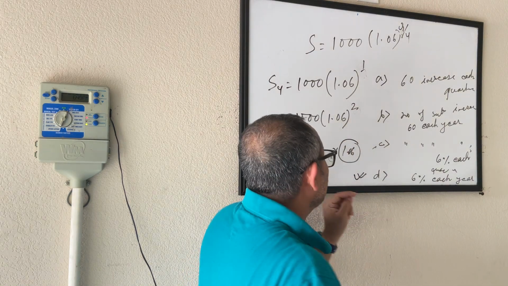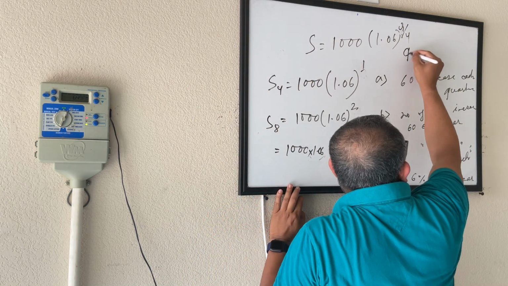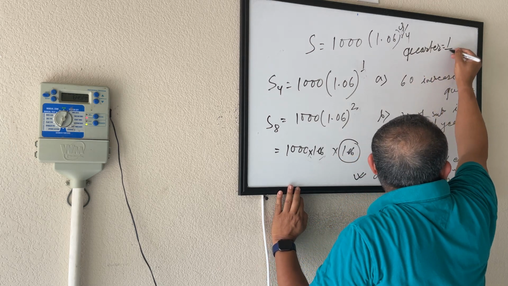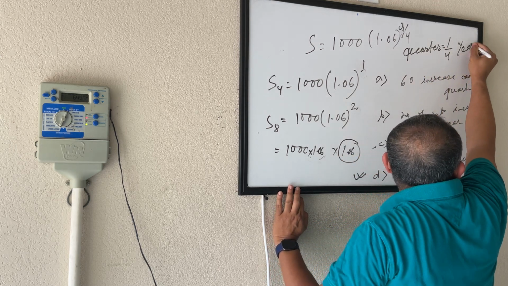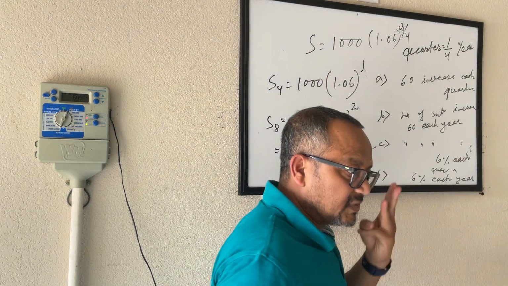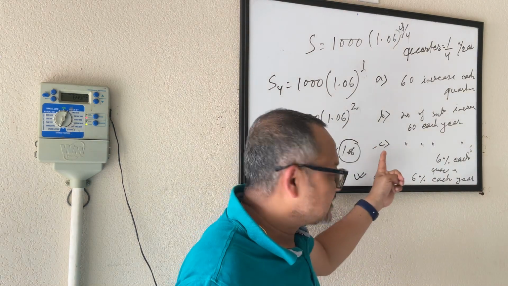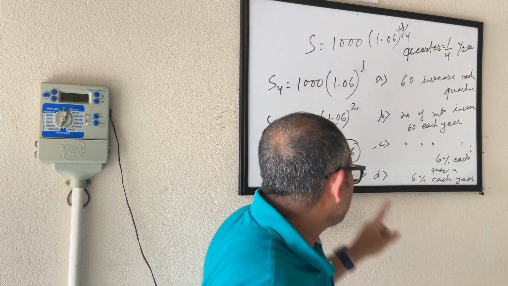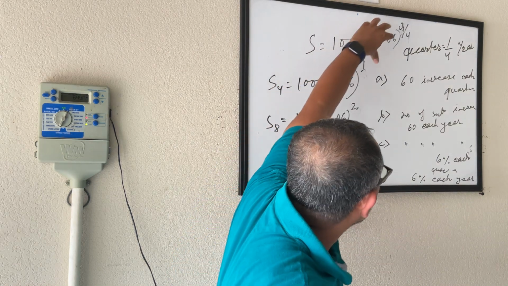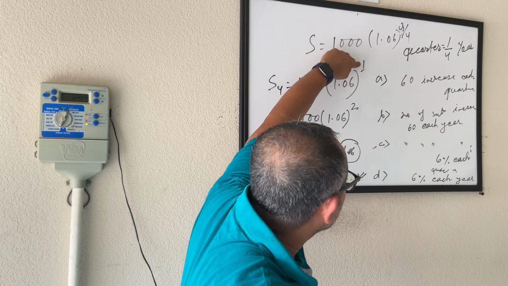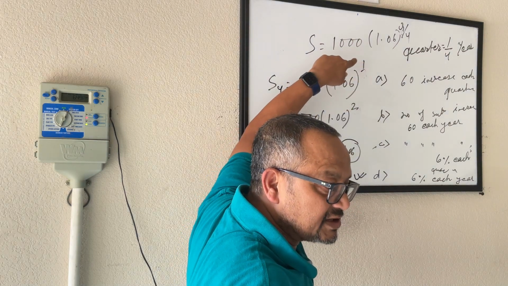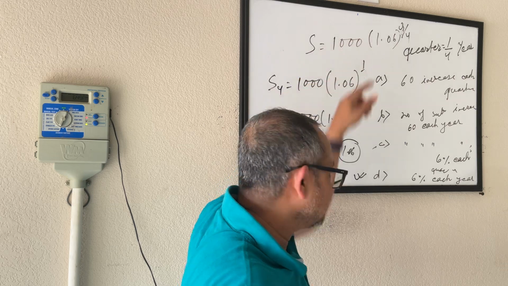That's why I was decoding that when you say quarter year, you are essentially talking about a quarter of a year, 3 months. So C cannot be our answer. It has to be D, because every 4 quarter years, this power is changing from 1 to 2, meaning it's getting multiplied by 1.06, or increasing by 6%.